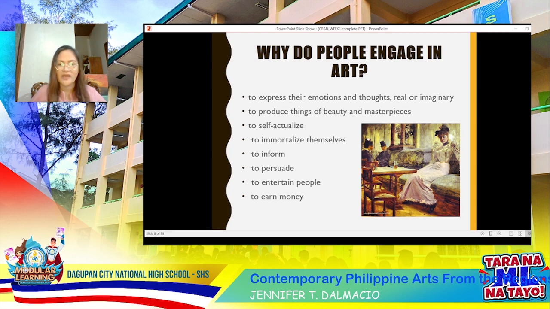This particular painting, The Parisian Life, shows that Juan Luna himself did self actualization. Why? This painting features a cafe with a woman prominently seated with a cigar and wine. Isn't that liberation for a woman to go alone in a certain cafe?